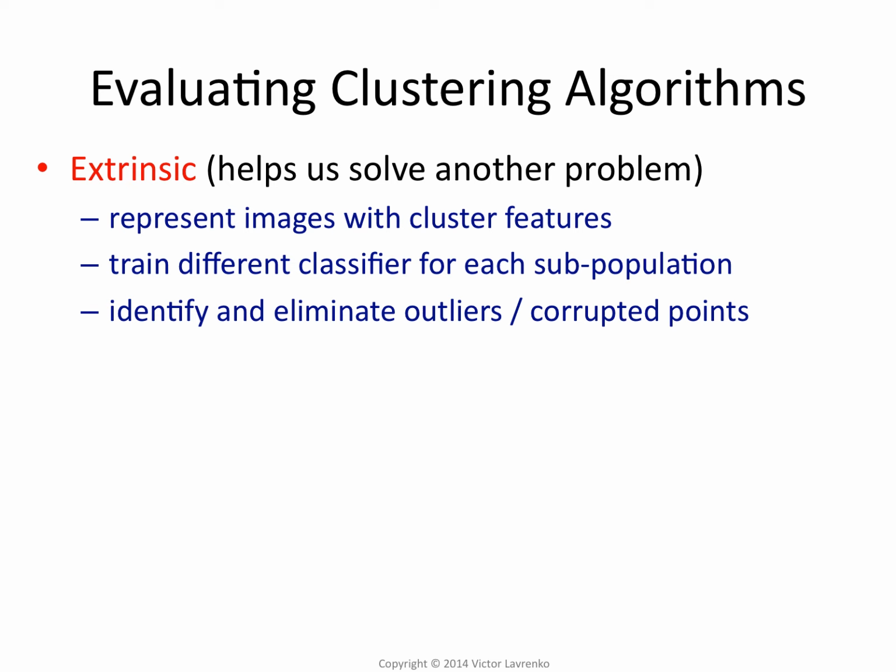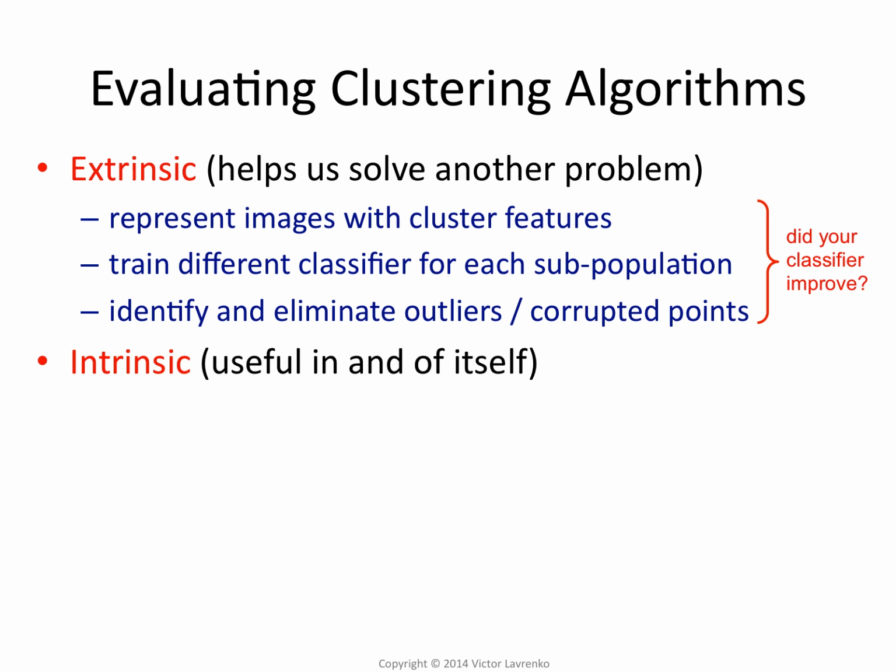Then compare it to classification without using clustering. So that's extrinsic evaluation of clustering. You have an external algorithm, a classifier, and you run it with clustering or without clustering in the pipeline, and you see which way is better. You're trying to see if clustering is useful for some other task, for classification in this case.